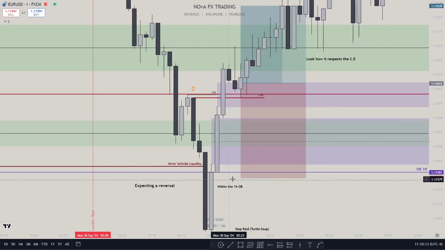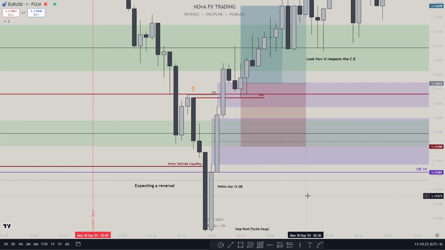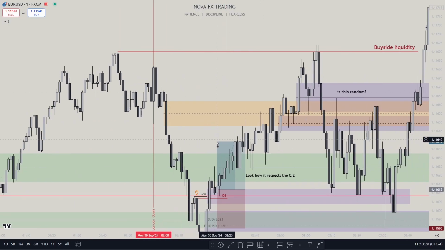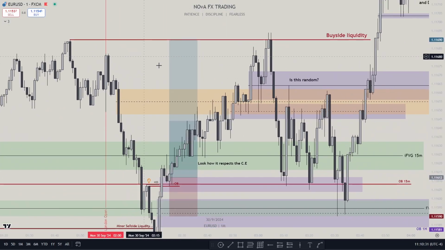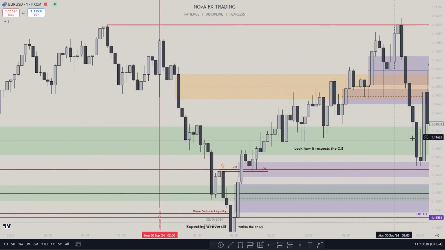ICT told us to put this stop loss below the candle which made the fair value gap, and also he told to put 1 pip below, so 1.2 or 2.2 right there. It's just below the consequent encroachment of this fair value gap, and we're gonna mark, of course, our draw on liquidity, which is our buy side liquidity, and we can see how it goes there. Okay, so that's the first trade we took, but I'm gonna explain a little bit more.